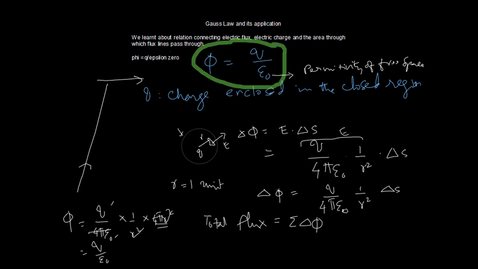So from there I continued the same step here. The total flux is given by the sum of all those small areas put together. So we only have Q.